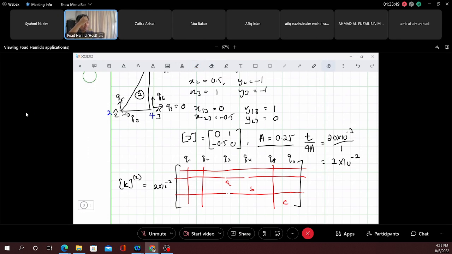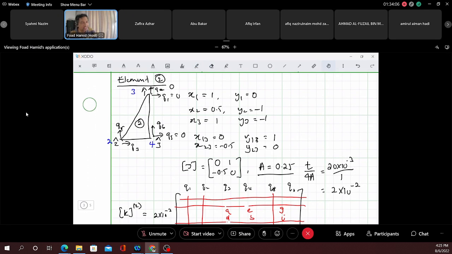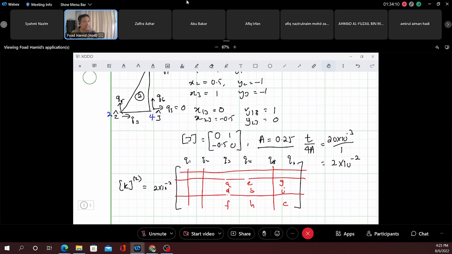And then D and E and F and G and H and I. Okay, so note that because we have 3 degrees of freedom for element number 2, our element stiffness matrix is also a 3 by 3 matrix.